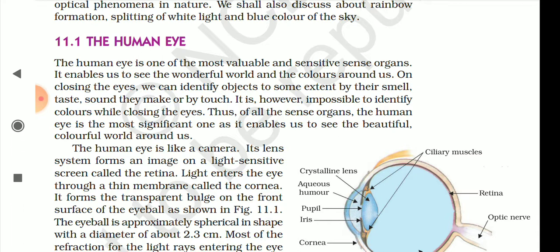On closing the eyes, we can identify objects to some extent by their smell, taste, the sound they make, or by touch. It is however impossible to identify the colors while closing the eyes. Thus, of all the sense organs, the human eye is the most significant one, as it enables us to see the beautiful colorful world around us.